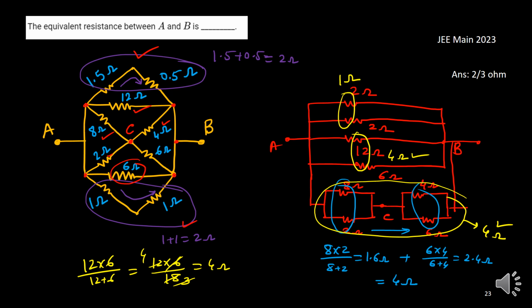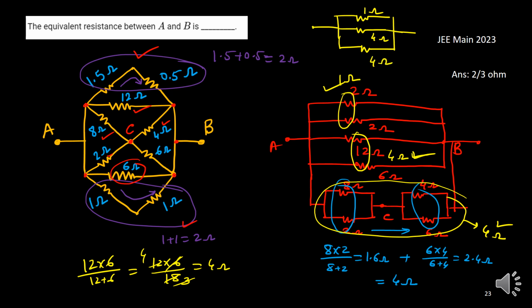Okay. So I can redraw the circuit now. The last one. I have got this 1 ohm for this one. This 4 ohm I have got for this one. Okay. These things. And the last one, this 4 ohm I have got from here. Okay.